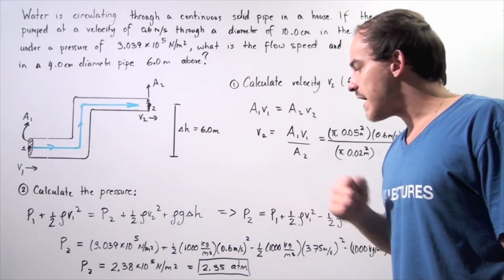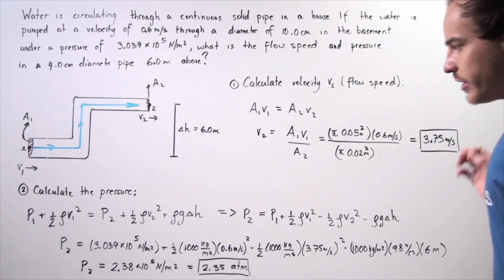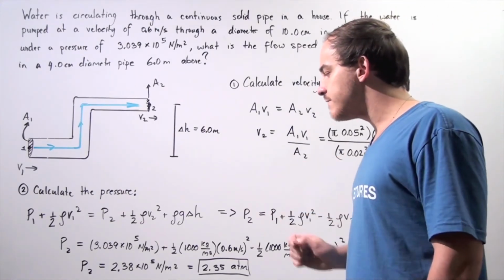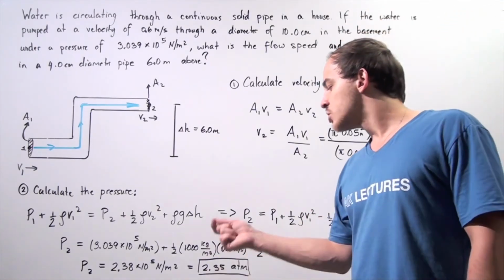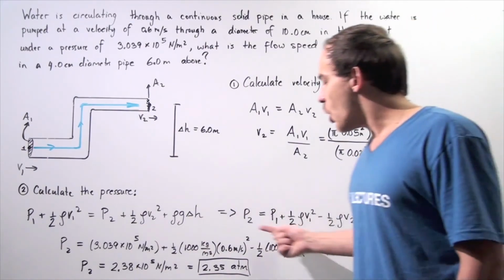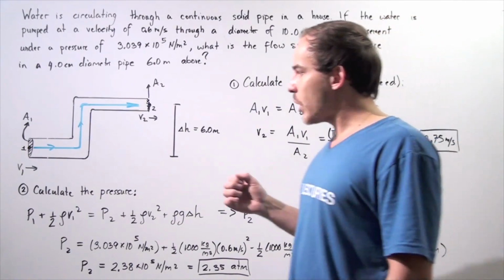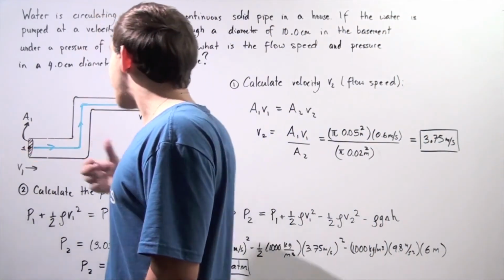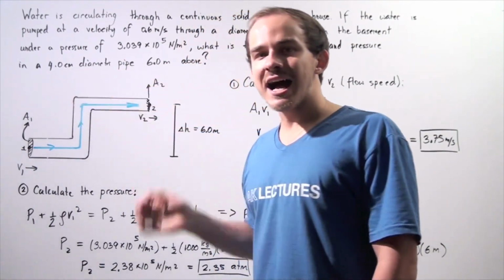So we plug our values into the calculator and we get a pressure of 2.38 times 10 to the 5 newtons per meter squared, which is approximately equal to 2.35 atmospheric pressure. So notice that this pressure is slightly less than the pressure in the basement, and that's because the velocity in this section is higher.